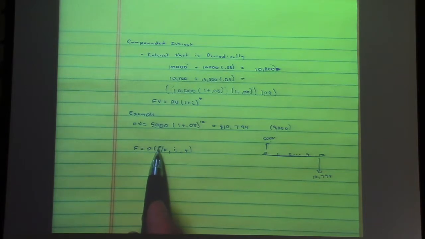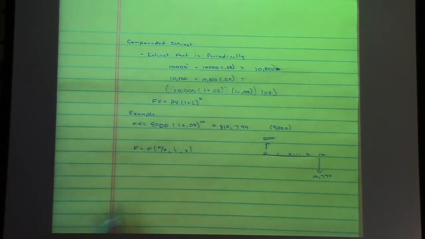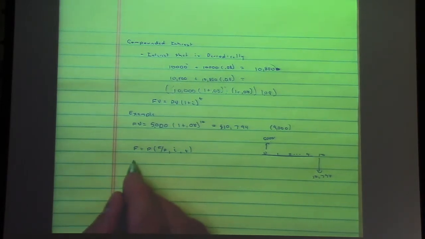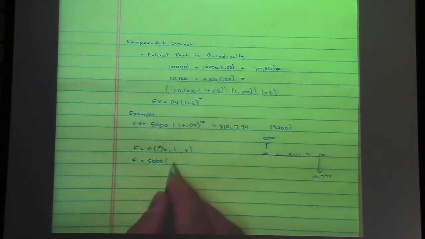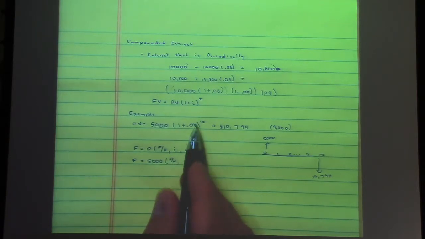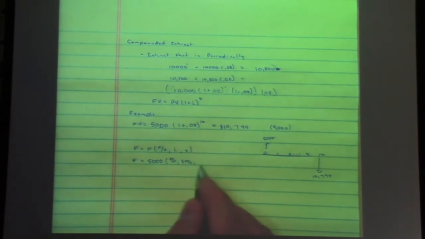You have the future value given the present value, you have the interest rate, and you have the time. So for our example, we would say that the future value is equal to the present value of $5,000 times the future value given the present value, the 8% interest we know, and the time we know to be 10 years.